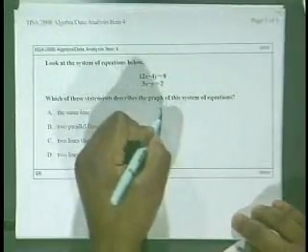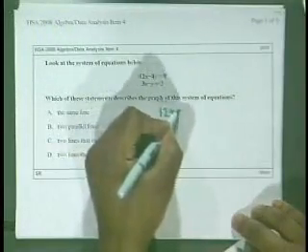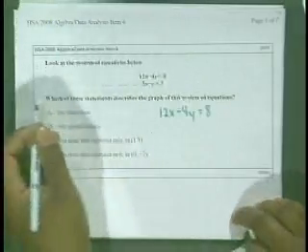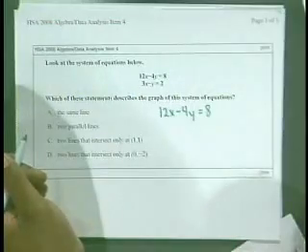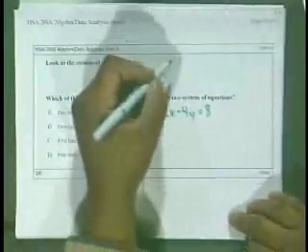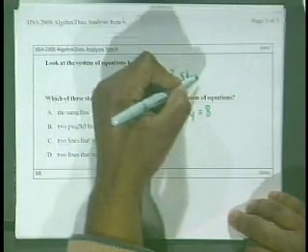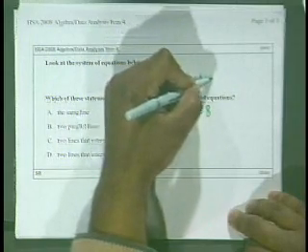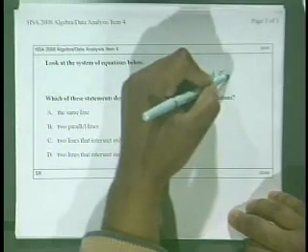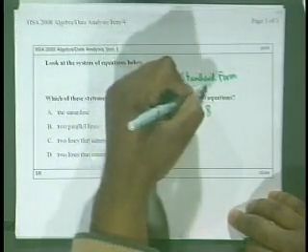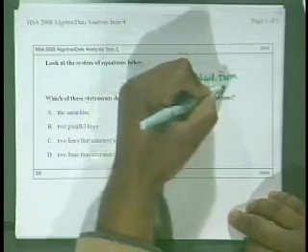So we have our first equation. We have 12x minus 4y equals 8. And remember, our goal is to convert this into slope-intercept form. Right now, both of these are in what we like to call standard form. And remember, standard form is ax plus by equals c.